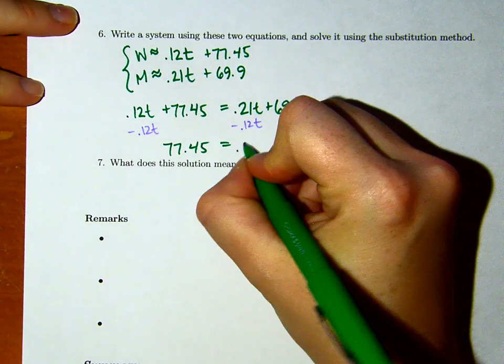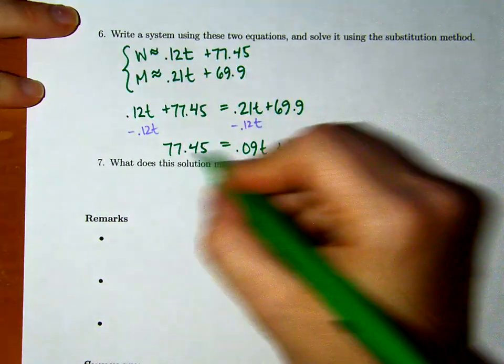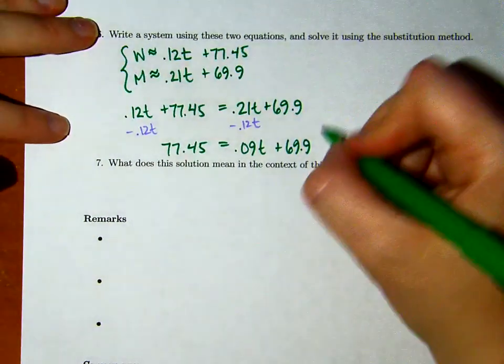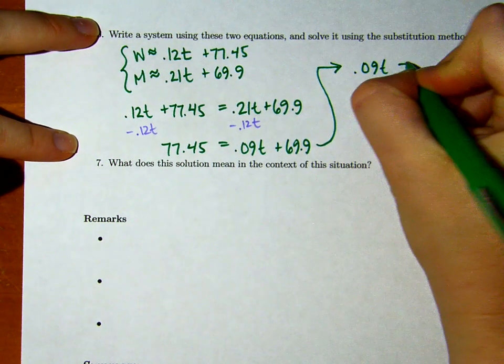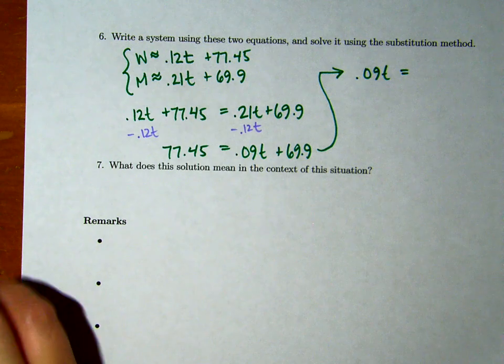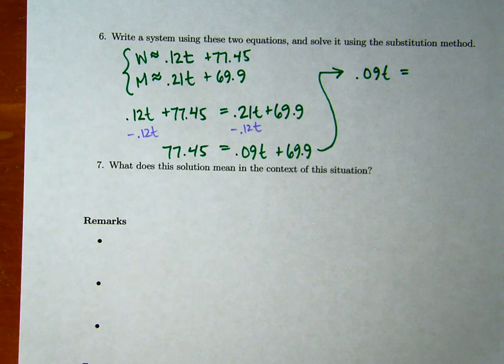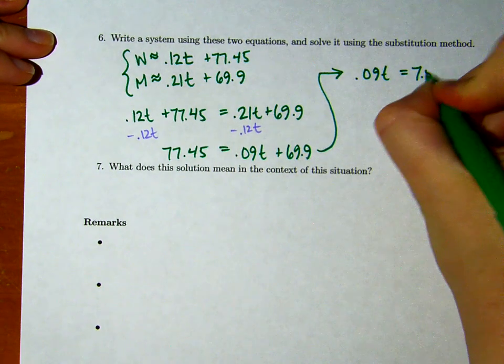Yep. 0.09 t plus 69.9. I'm going to subtract 69.9 from both sides. So 0.09 t, let's see, 77.45 minus 69.9. I get 7.55.